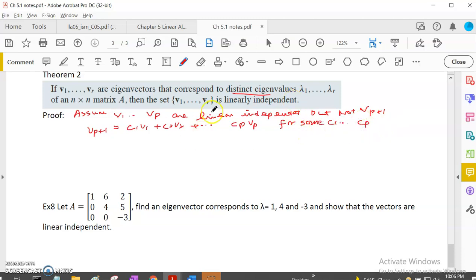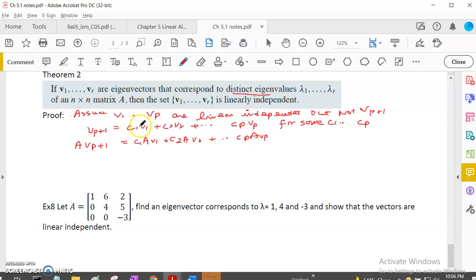So Vp plus 1 can be written as a linear combination of them. Now let's multiply this whole thing by A. If I do A Vp plus 1, it would be equal to C1 A V1 plus C2 A V2, all the way to Cp A Vp.